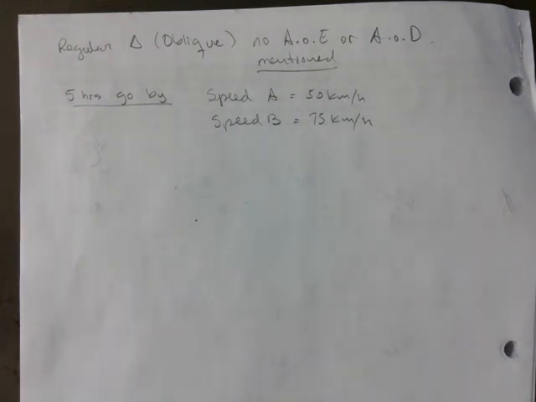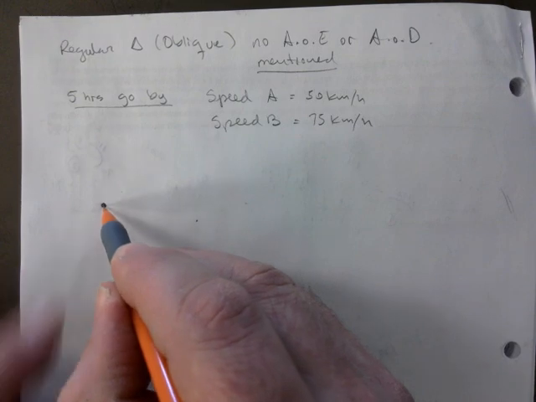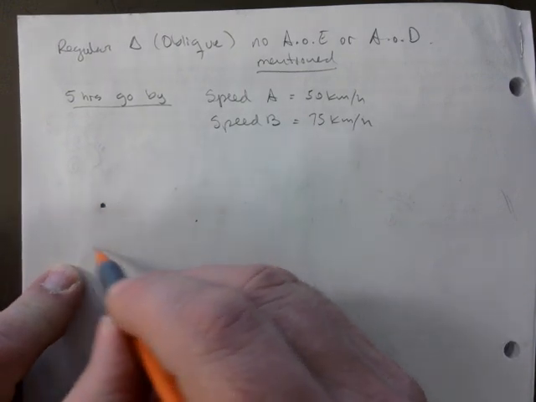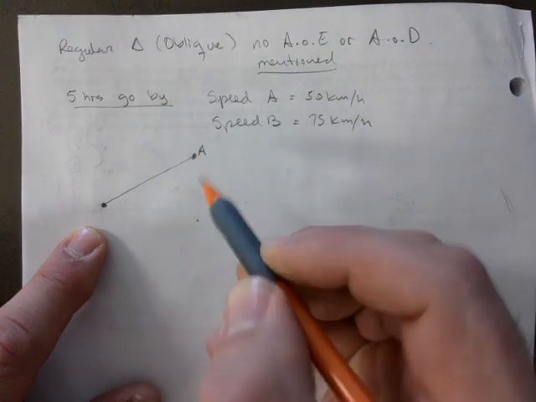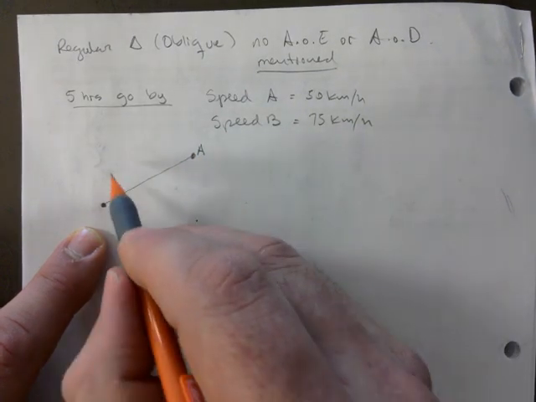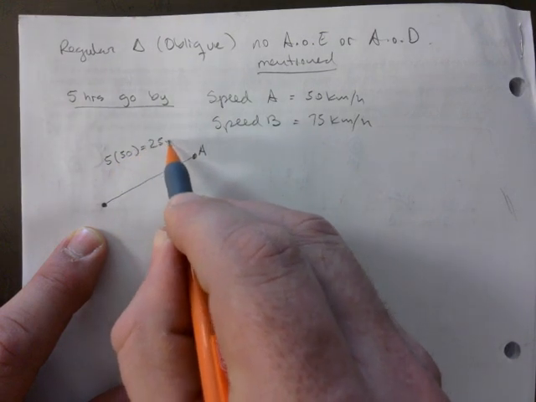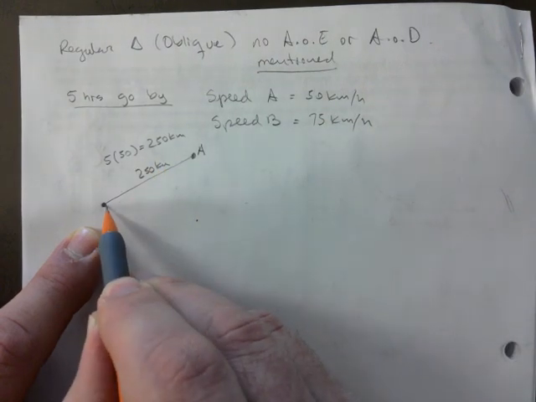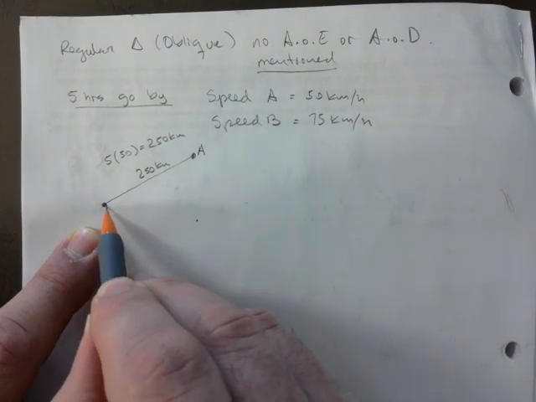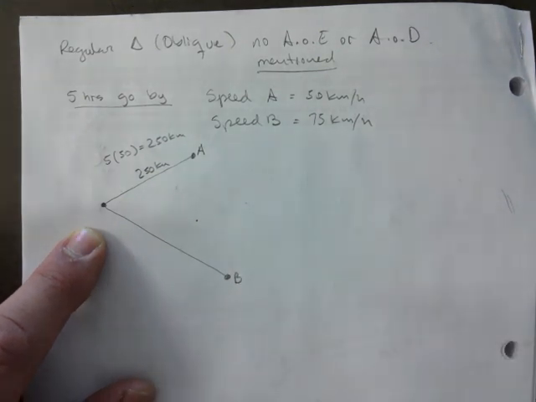That should be a pretty easy one, to be honest. There's no compass direction, nothing like that. So from here, we don't know which way A is going, so just go out. This should be A. And so we go 5 times 50 is 250 kilometers. And B is going faster, so I'm just going to assume that B is going to be further out.